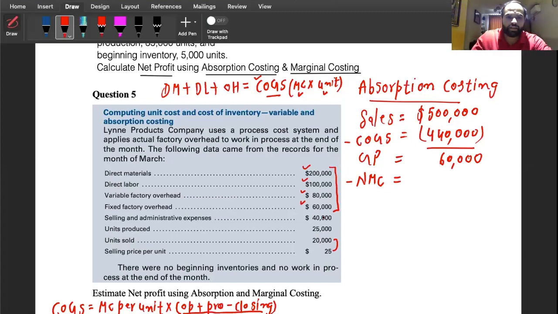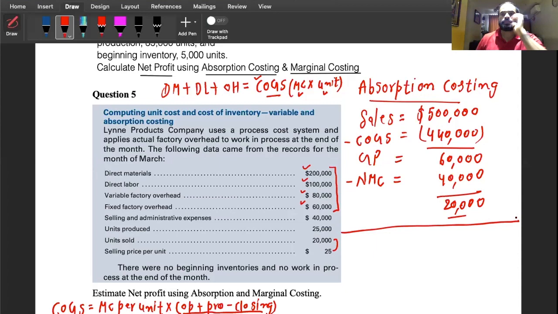Non-manufacturing is 40, not 60, 40. So your profit is 20,000 under absorption costing. All right, under absorption costing, your profit is 20,000. Everybody understand?